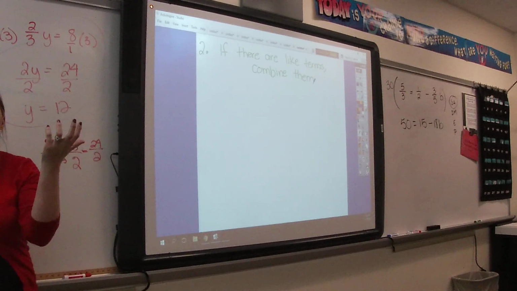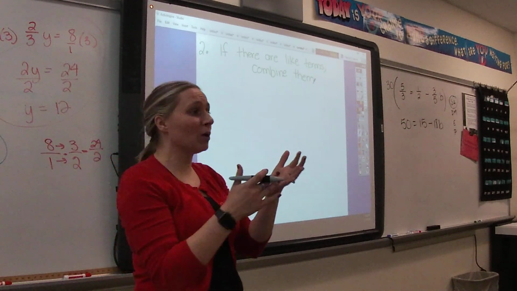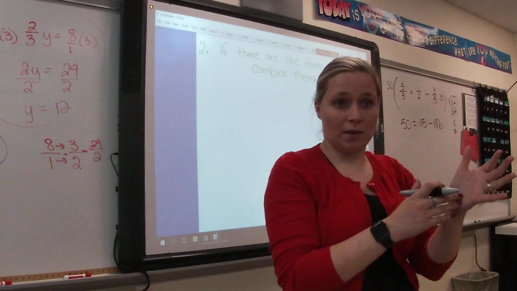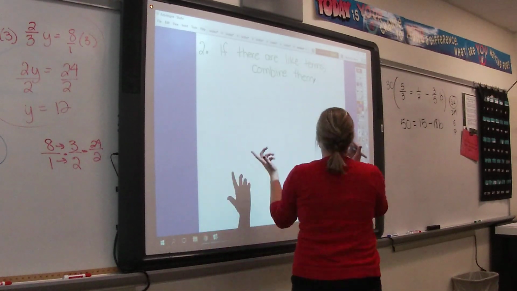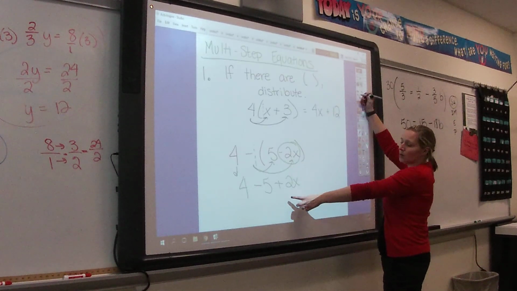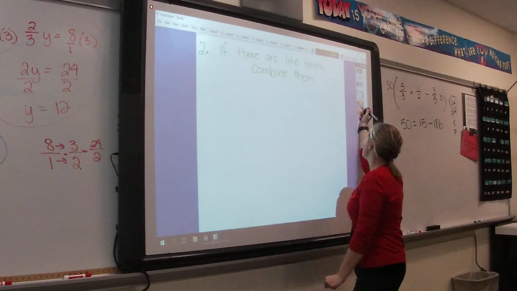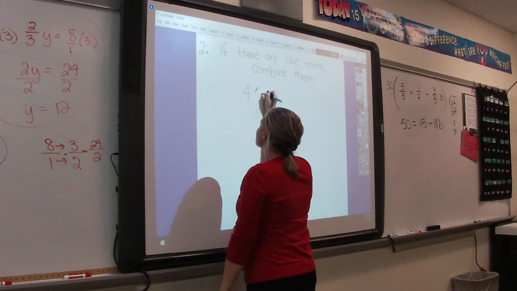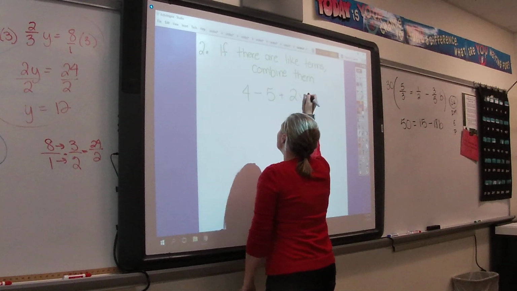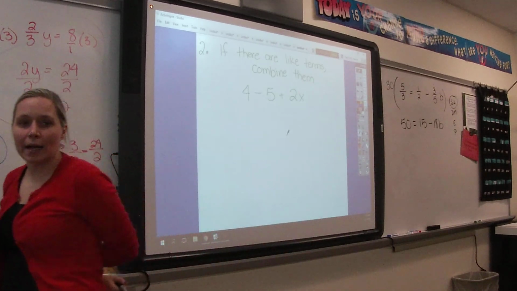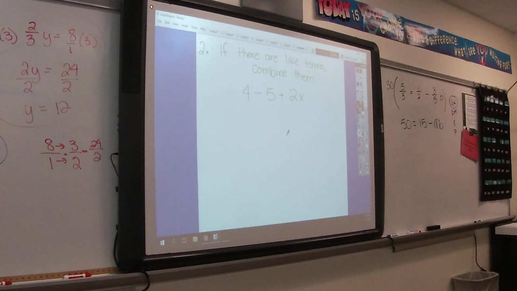Okay, so when we're talking about like terms, everything about that variable that is with it needs to be the same. So if we have something like we just left off with over here, right? 4 minus 5 plus 2x. Are there like terms I can combine here? Yes.